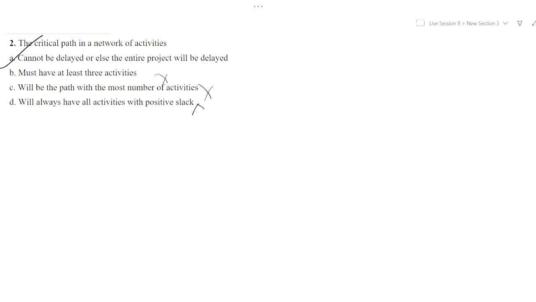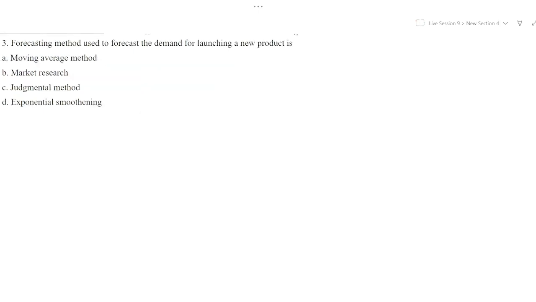Okay, so the next question. The forecasting method used to forecast the demand for launching a new product is which of the following?